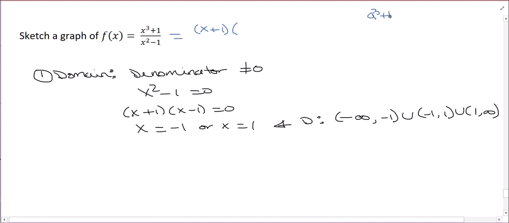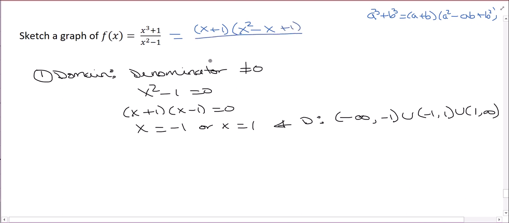If you have a cubed plus b cubed, that factors into a plus b, and then a squared minus ab plus b squared. Here x is our a and 1 is our b, since 1 is just 1 cubed. So x plus 1, that's a plus b, and then x squared minus ab, so minus 1 times x, just minus x, plus b squared, so plus 1 squared.